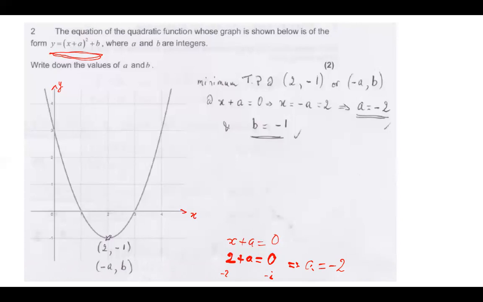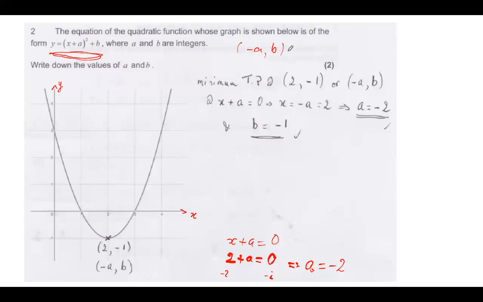If you've got 2 here, then a is -2. Okay? So I'm not sure if that is clear. Whenever you're going to see x plus a squared plus b, the turning point is going to be minus a and positive b.